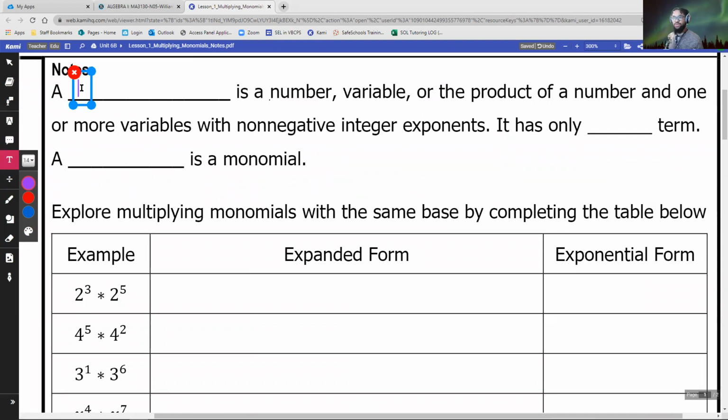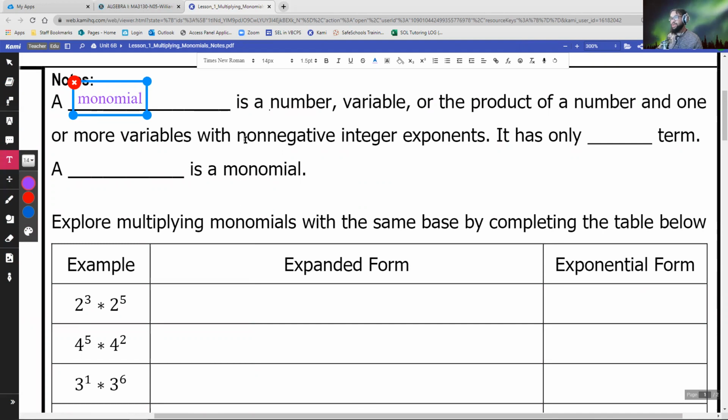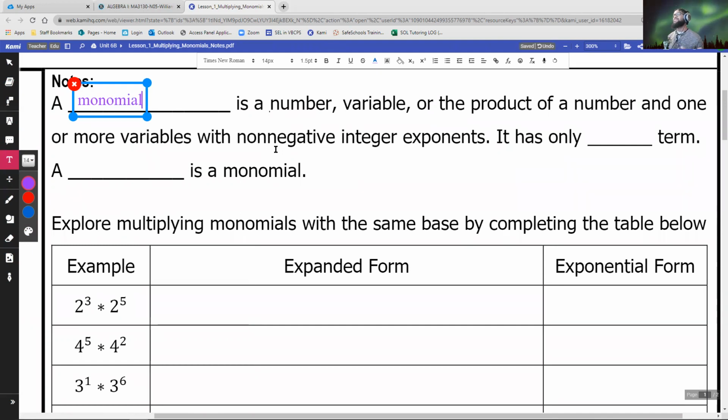A monomial, that's what we're going to be covering most of this lesson with. A monomial is a number, a variable, or the product of a number and one or more variables with non-negative integer exponents.